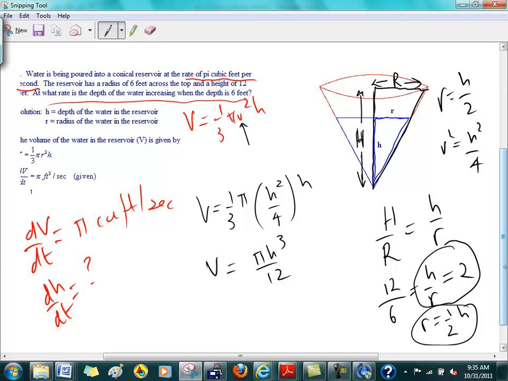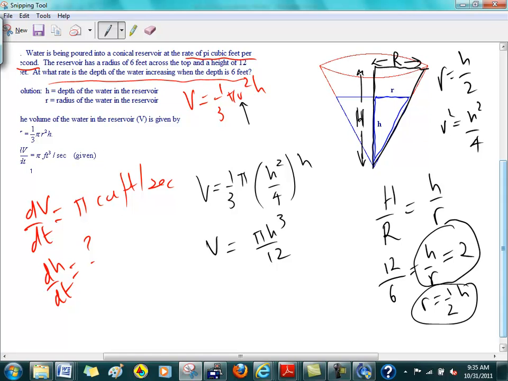Now I'm going to differentiate this with respect to time. On the left hand side I will get dV by dt. On the right hand side I have to use implicit differentiation because, as you saw in the simulation, h is a function of time. It's going to be changing with time.